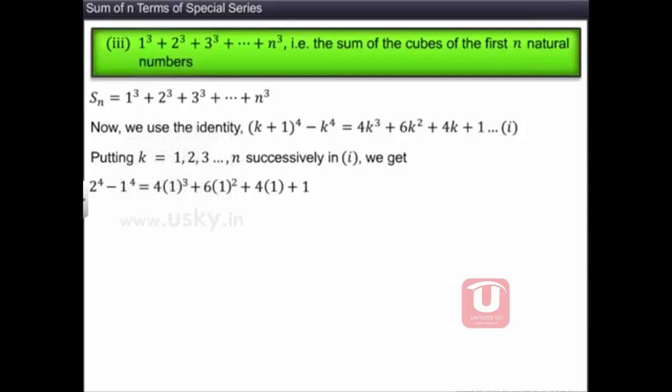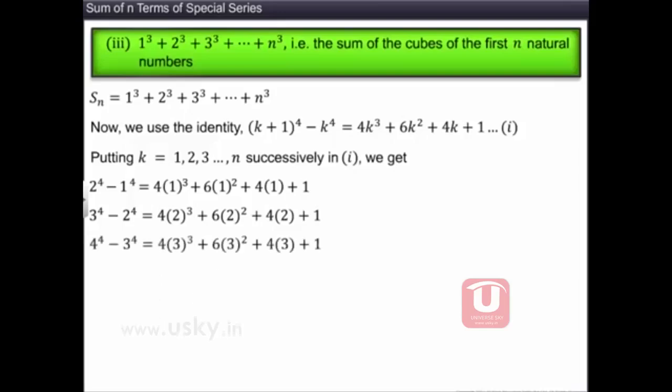Also, 3 raised to the power of 4 minus 2 raised to the power of 4 is equal to 4 into 2 cube plus 6 into 2 square plus 4 into 2 plus 1. And 4 raised to the power of 4 minus 3 raised to the power of 4 is equal to 4 into 3 cube plus 6 into 3 square plus 4 into 3 plus 1. The subsequent terms can be obtained in a similar manner.